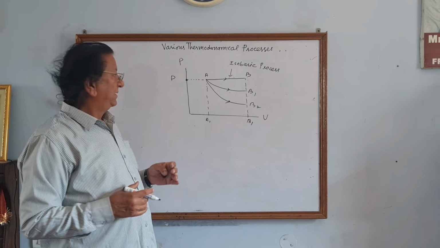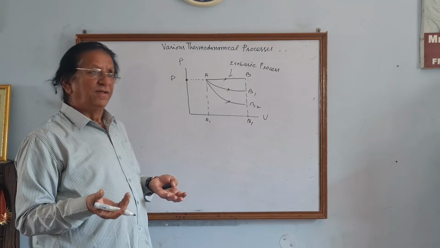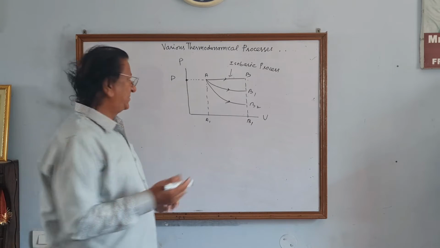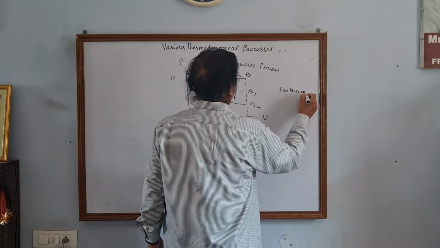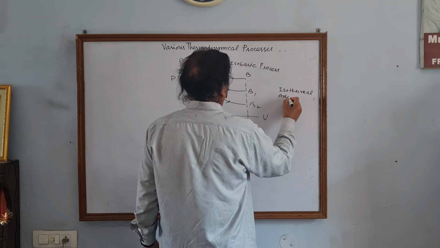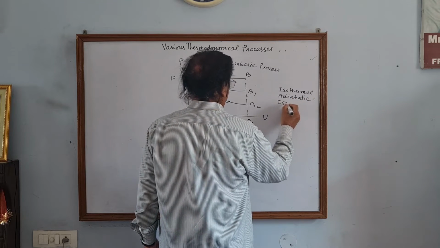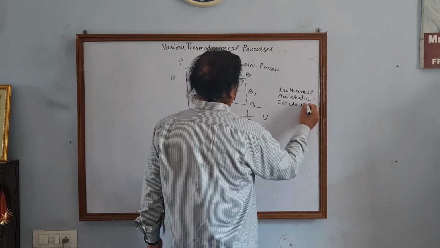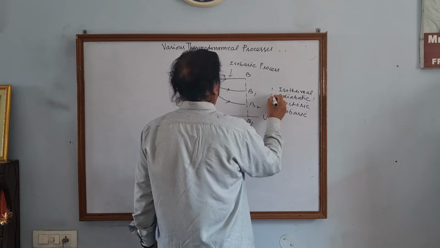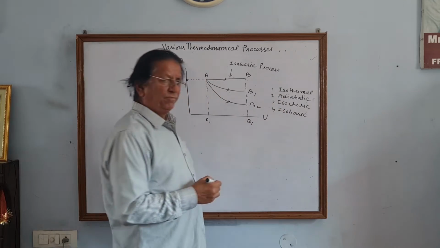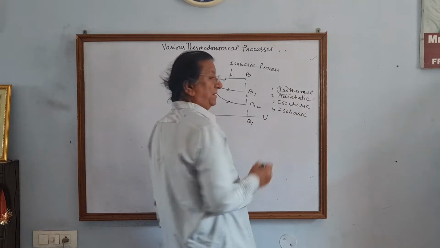Thirdly, we are left with four processes: isothermal, adiabatic, isochoric, isobaric. Iso means something is constant.